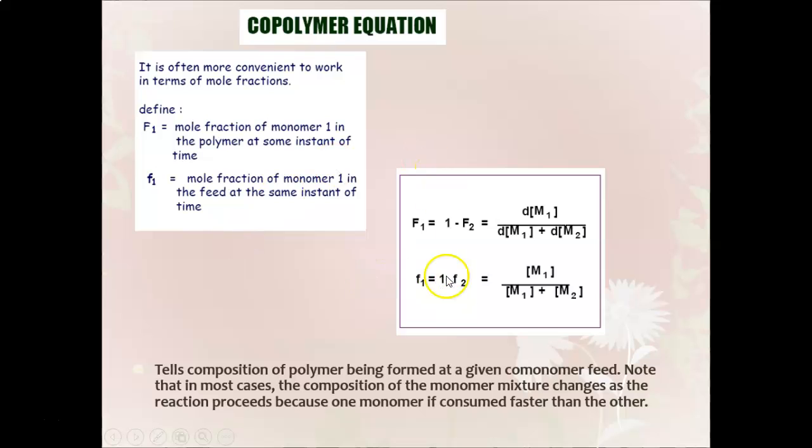So given this formula, it tells the composition of the polymer being formed at a given comonomer feed. Note that in most cases, the composition of the monomer mixture changes as the reaction proceeds because one monomer is consumed faster than the other.